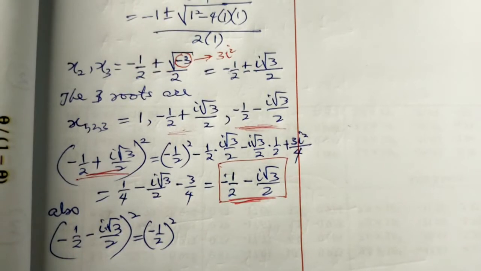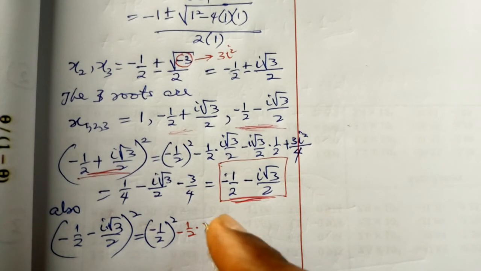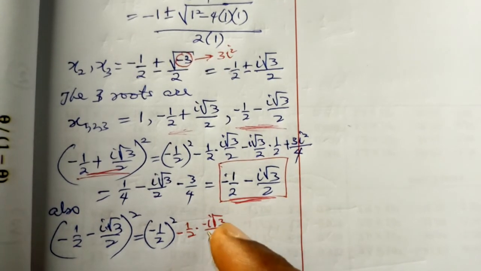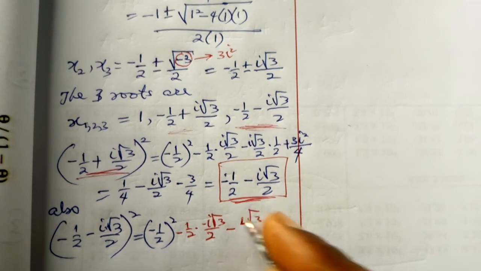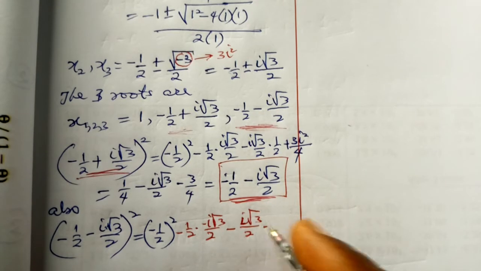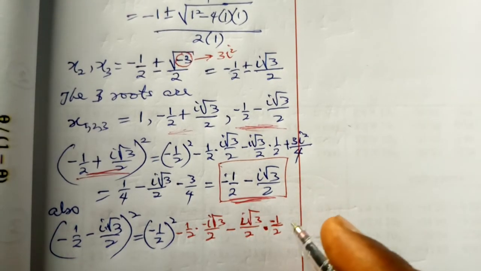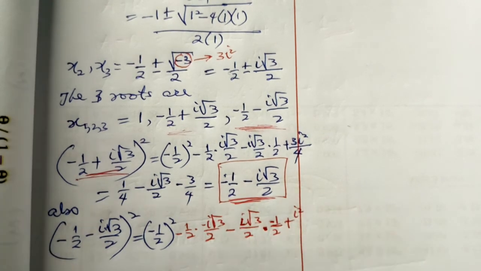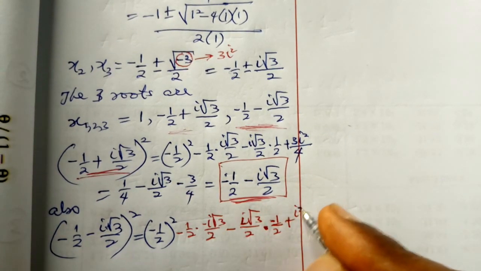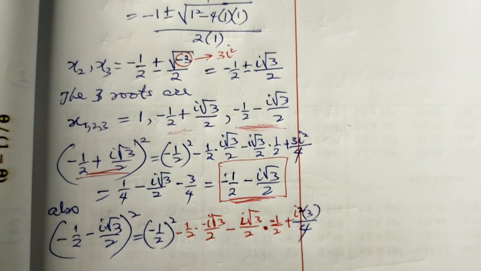Let me use red. Minus 1 over 2 times minus I root 3 over 2, minus I root 3 over 2 times minus 1 over 2, then plus this one multiplying itself is I squared, 3I squared all over 4, because 2 times 2 is 4.